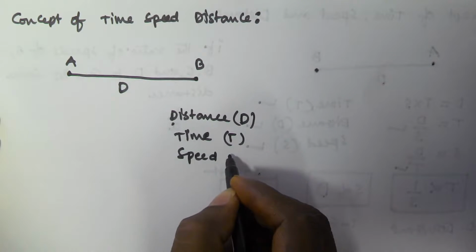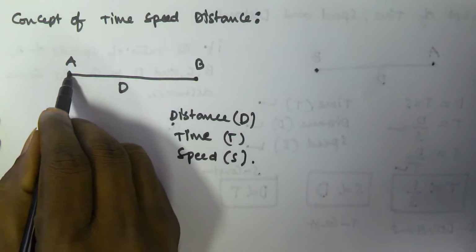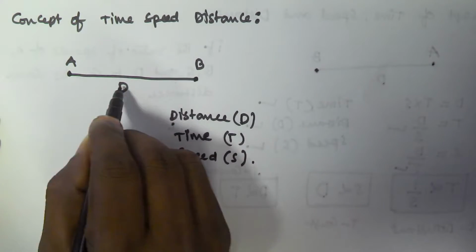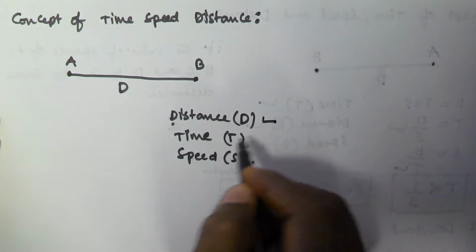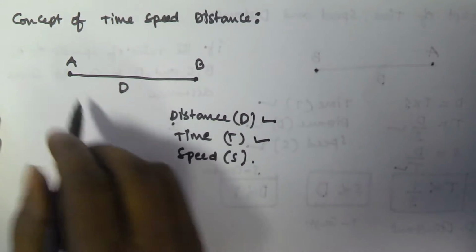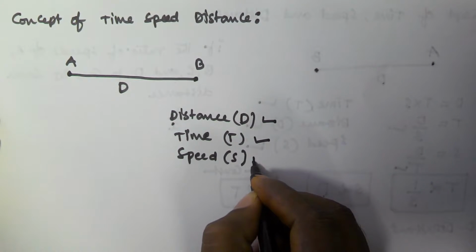When a body moves from point A to point B, the distance is d, the time required for moving from A to B is t, and the body moves with some speed s.